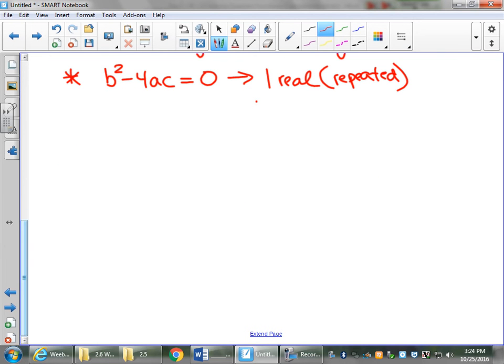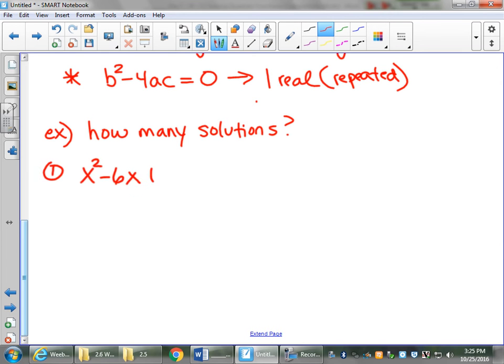So we're just going to try one of these discriminant examples, and the rest will be practice on homework. So I want to know how many solutions exist. And we're going to use the discriminant method. So if I gave you x squared minus 6x plus 9 equals 0, does need to be equal to 0, just like when we did the quadratic formula yesterday.